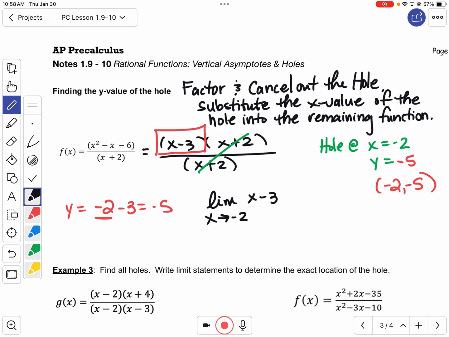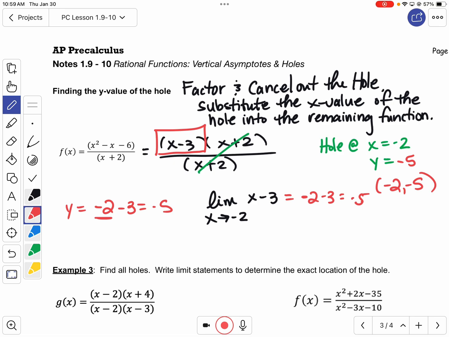To find the value of y, you plug in that x value, -2 minus 3. So it's the same thing we did without the limit, you're just plugging it in. It's the exact same work.